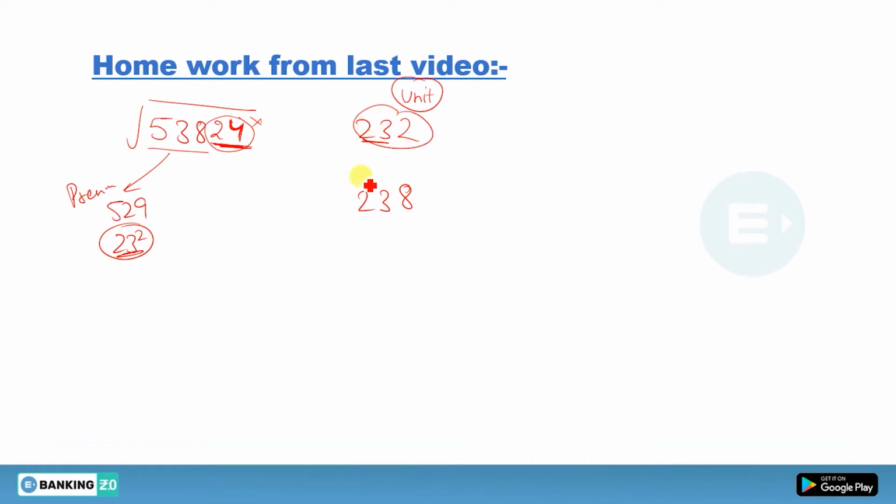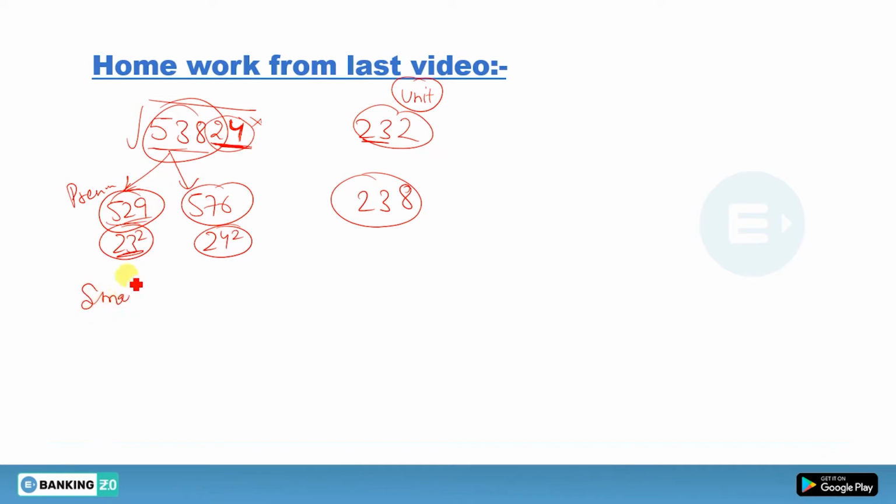Now you will have only one number as the answer. Both cannot be the answer, no? So only one will be the answer, either 232 or 238. How will you choose? This one is 538, the previous is 529, so the next is 576, and this one is 24 square. Now see whether 538 is close to 529 or 576. 538 is close to 529, and 529 is the smaller number, while 576 is the larger number.